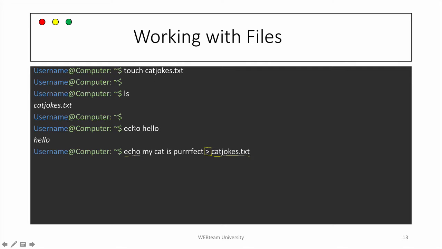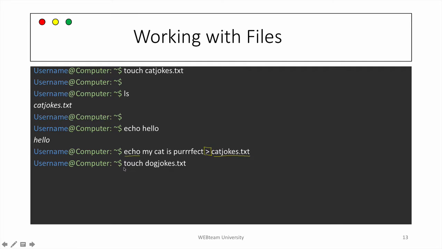And then I introduced the echo command. And now what I'm going to do is use this echo command. And I'm going to ask it to display, my cat is perfect. But I don't want that displayed to the screen. I want that redirected to the text file, which is going to be in this directory, catjokes.txt.